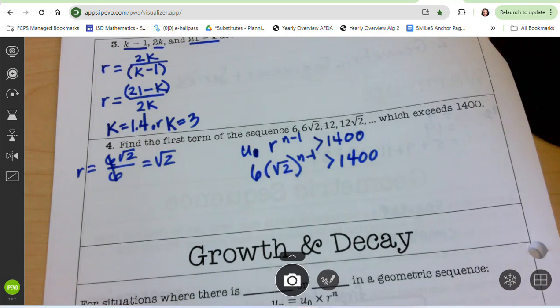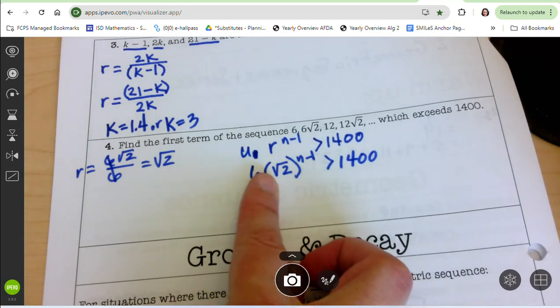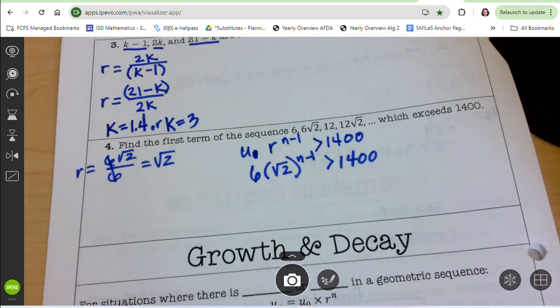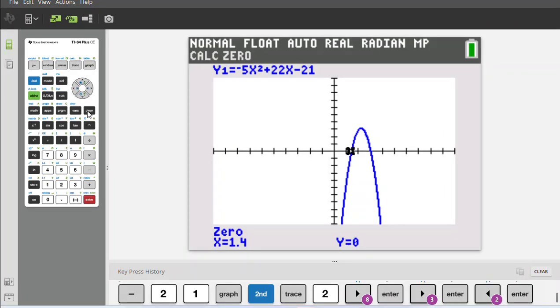Now it's possible to solve this with a logarithm, but that's not always your first choice, especially if you're doing an IB test and you've got a lot of problems to do. So again, we can solve this on your calculator. We need to know when this is going to exceed 1,400. There's a lot of different ways, but we're going to start by putting this into our y1, and we'll put this into our y2, okay? So go to your y equals again, clear it out.